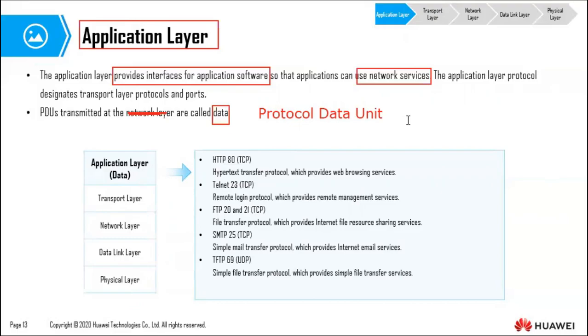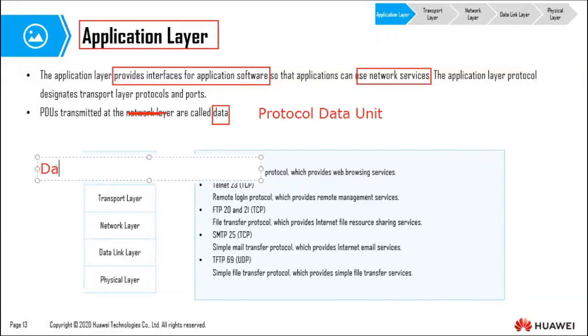Are we together? Now, this PDU at different layers will contain different information, because at each layer we are going to add some header or some footer, and therefore at each layer the PDU will go by different names.